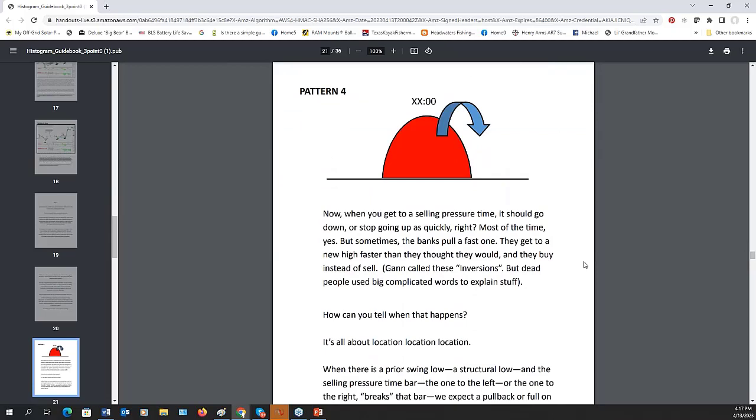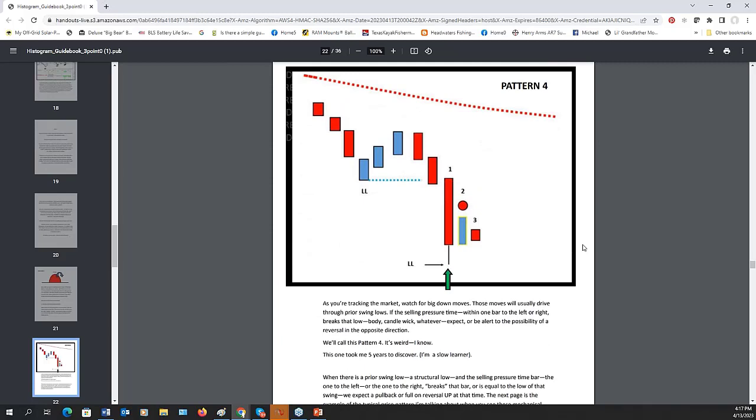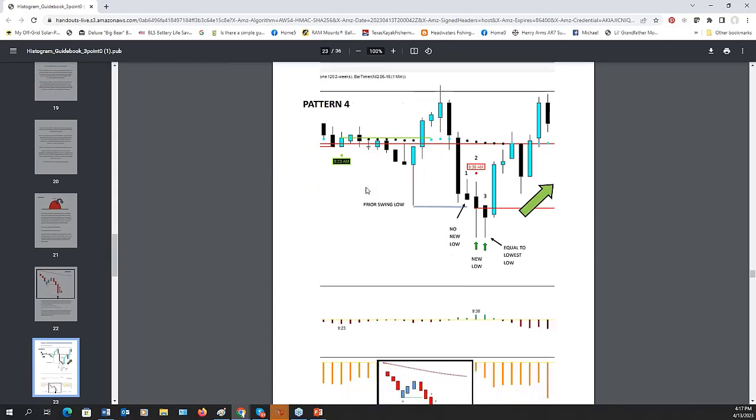For example, we noticed that, without discretion, mechanically rules-based, if we arrive at a predictive selling pressure time, like the red dots in our example, and either the signal candle itself, the candle to the left, or the candle to the right are brand new structural lows in relation to the prior swing, that is to say, if any one of those three put in a lower low in relation to the prior swing low, it tends to reverse and go in the other direction.